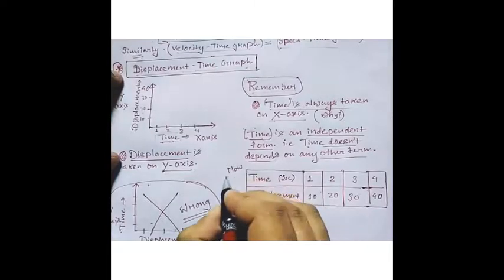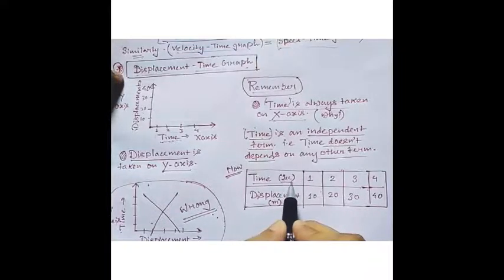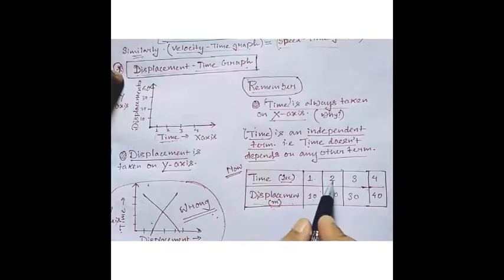Now I take 4 coordinates of time and displacement. Here the unit of time is second and the unit of displacement is meter. When the time is 1 second, the displacement is 10 meters, and when the time is 2 seconds, the displacement is 20.